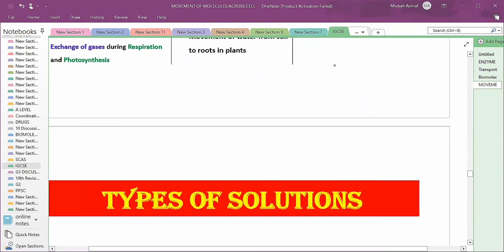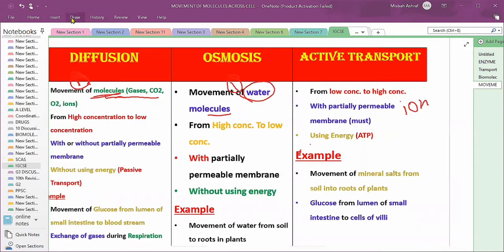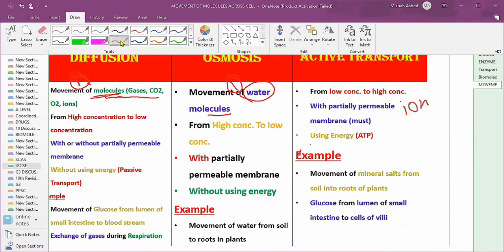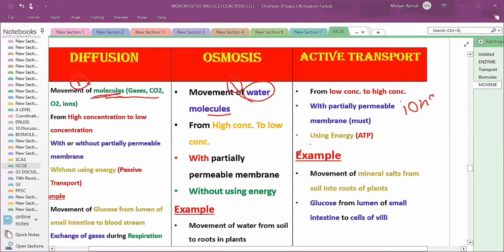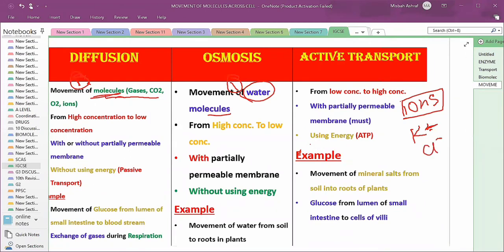Miss, what do we mean by charged molecule? Ions and charged molecules are almost the same. They have charges, some positive or negative, like calcium, which you can see here is positive. Chloride has negative.